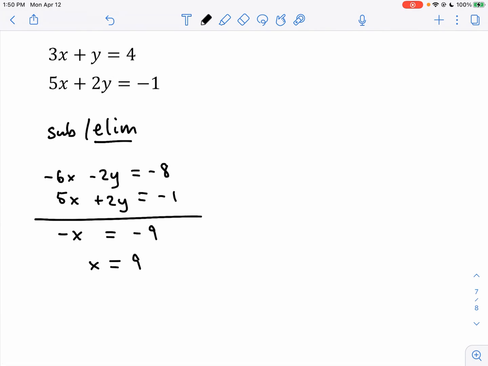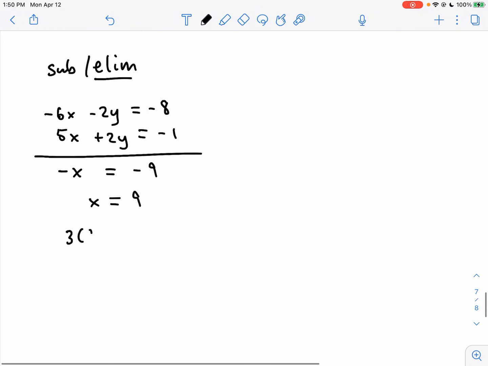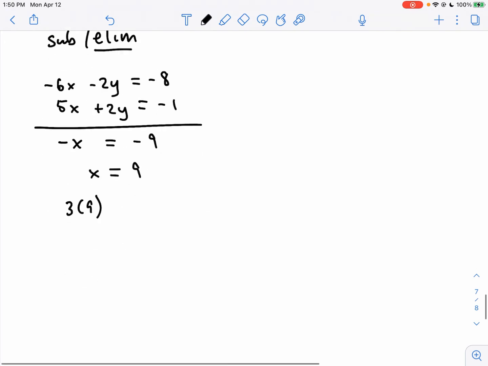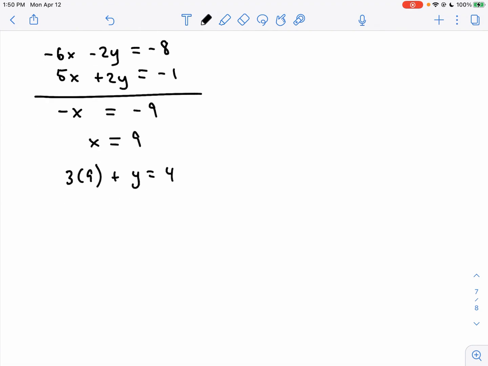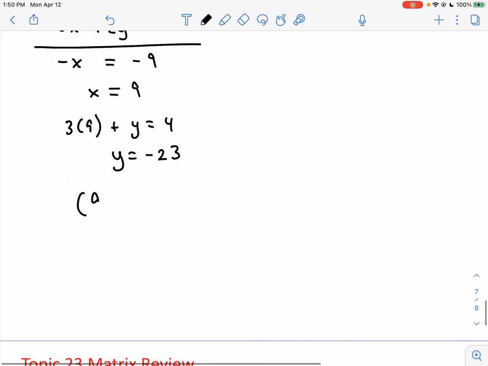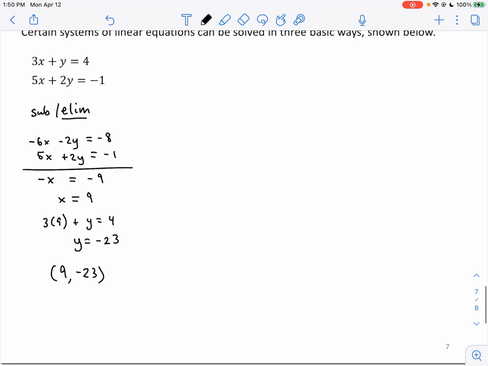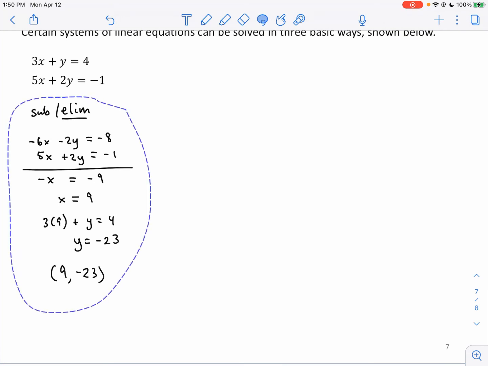Let's plug it into the first equation. So we know that 3 times x, which is 3 times 9, plus y is equal to 4. Therefore, 3 times 9 is 27. Subtract that from 4, so y therefore is -23. And so we have a solution that's 9, -23. So this is one way to do this, substitution and/or elimination. No matrices involved.